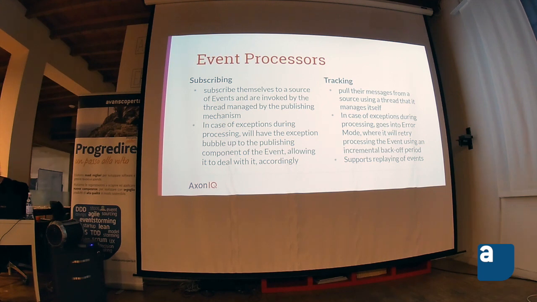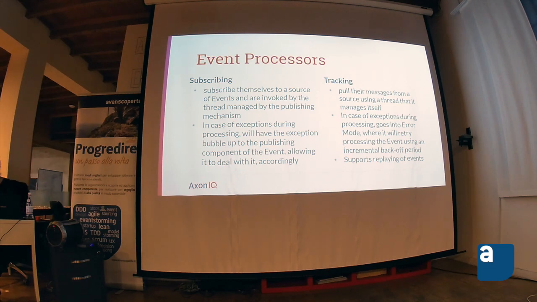Axon Framework provides the event processor to implement our projection. The event processor can be of two different types: a subscribing event processor or a tracking event processor. The main difference is that in the subscribing event processor, the handler of the events runs in the same thread that is responsible for publishing the events.